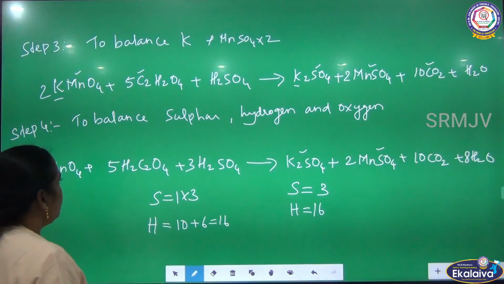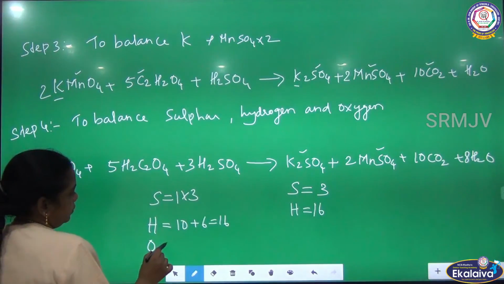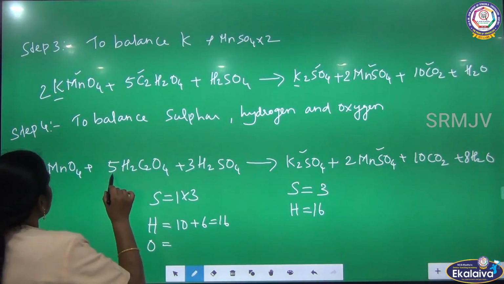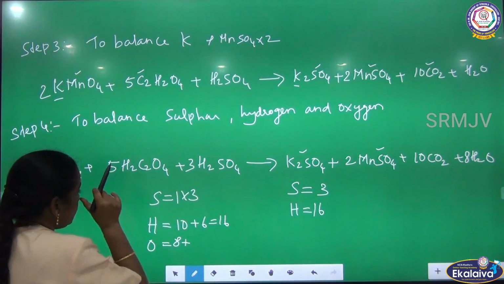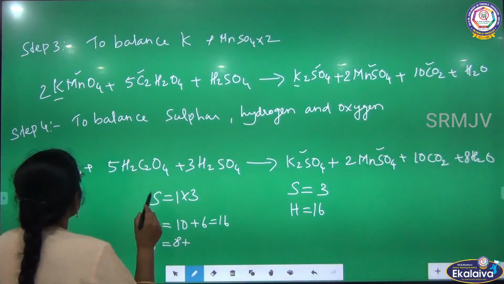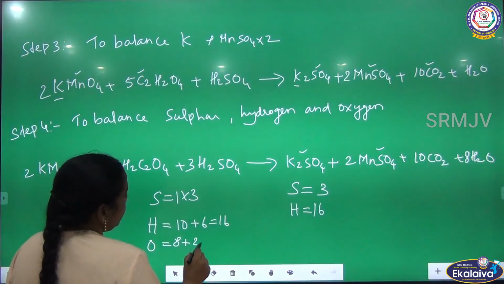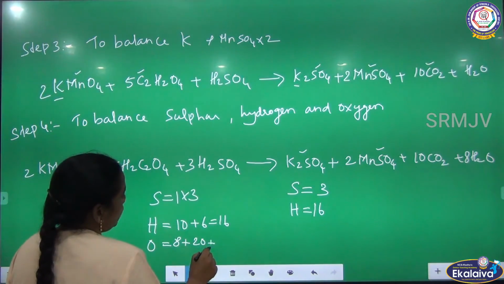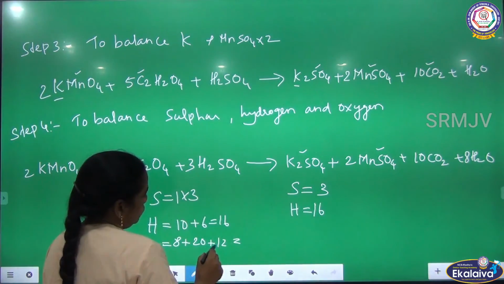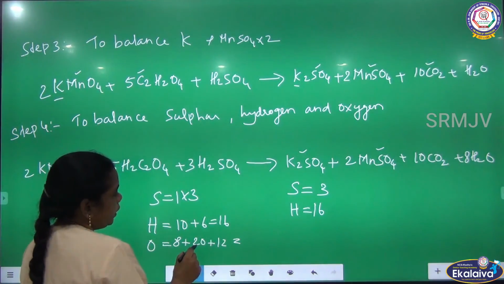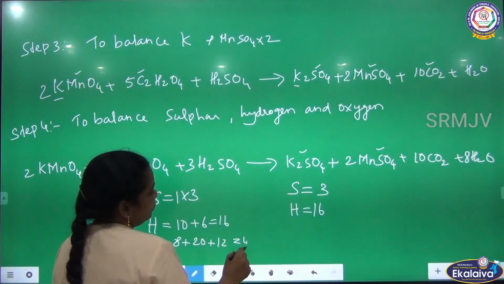And next you find out oxygen. 2 4s are 8 plus 4 5s are 20 plus 4 3s are 12. So 10 plus 20 is 30, 40.